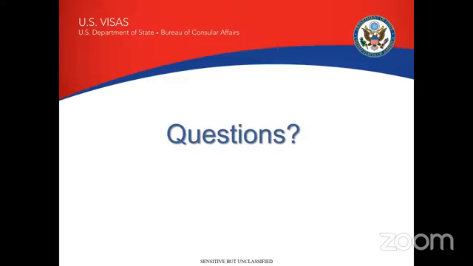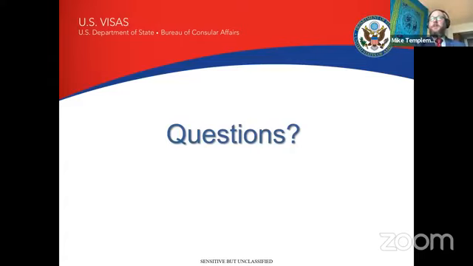So we see applicants who are approved. We see applicants who are refused who have relatives or family in the US. That question is often asked, and I think sometimes people are worried like, oh, but if I have an aunt or an uncle who lives in the US, or if I have a sibling who's already studying in the US, is that a problem?